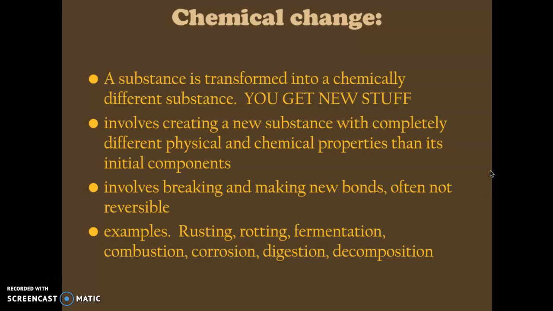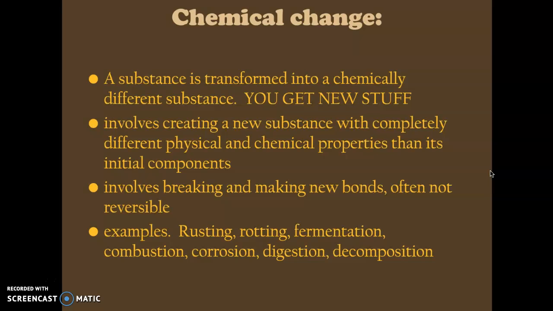And our wordy definition there at the beginning: a substance is transformed into a chemically different substance. And what happens during a chemical change is the atoms rearrange and new substances are formed because the atoms are bonding with different elements or with different ions. And it does involve breaking old bonds and making new bonds.